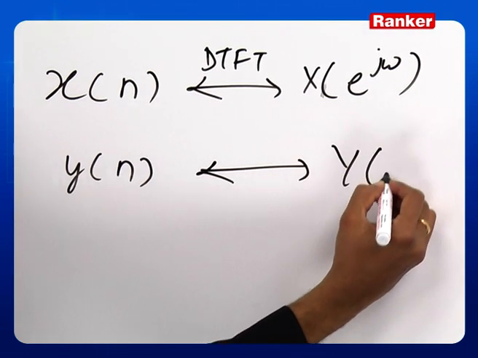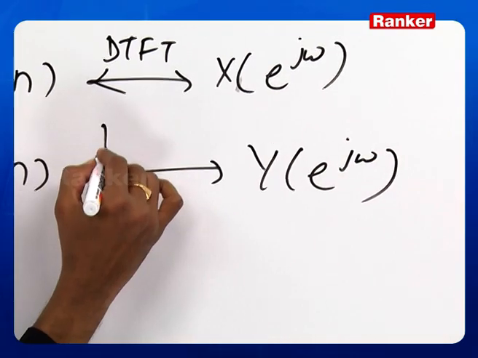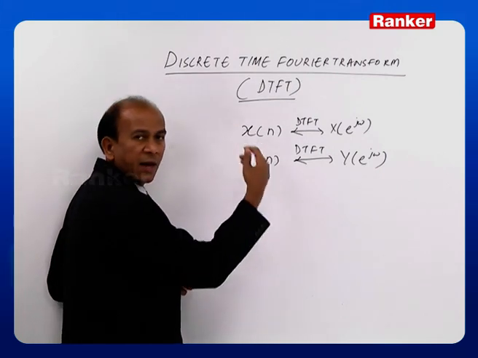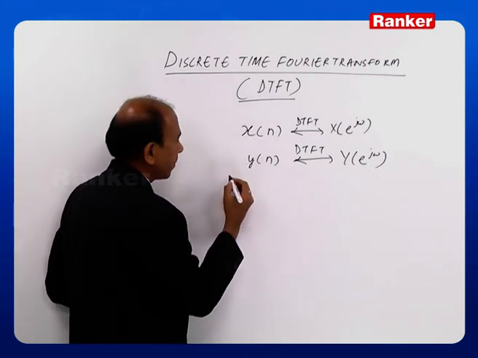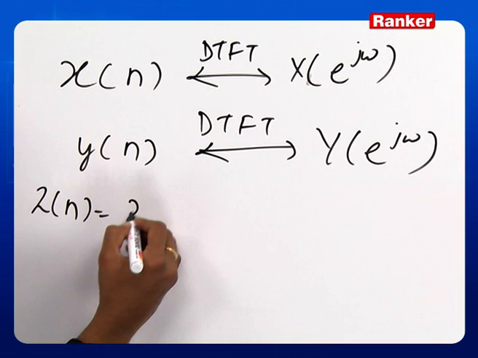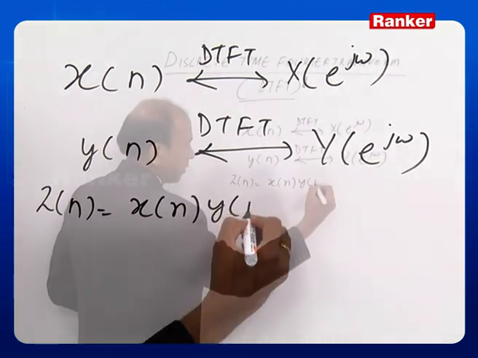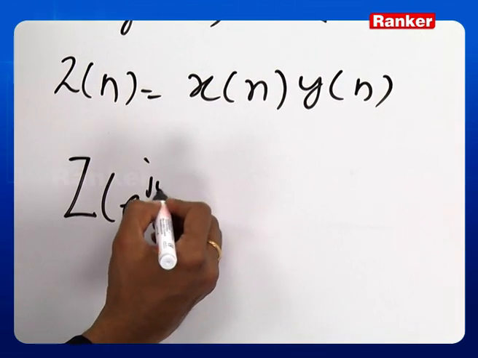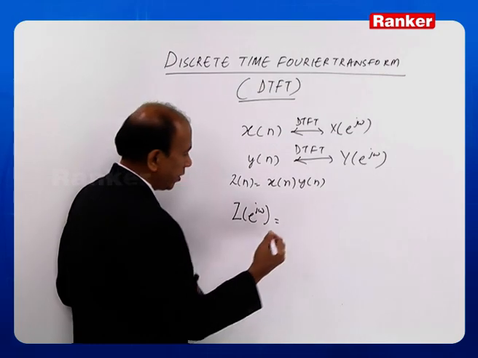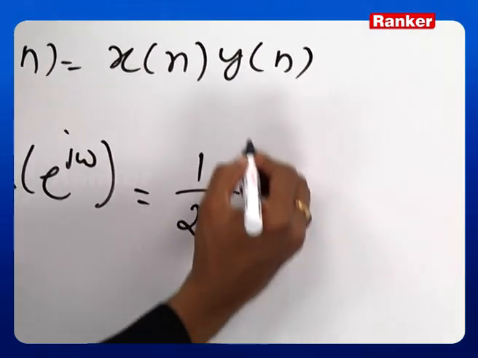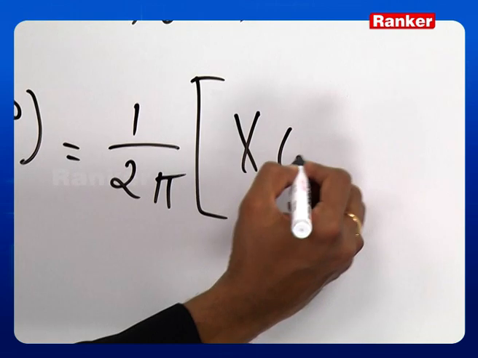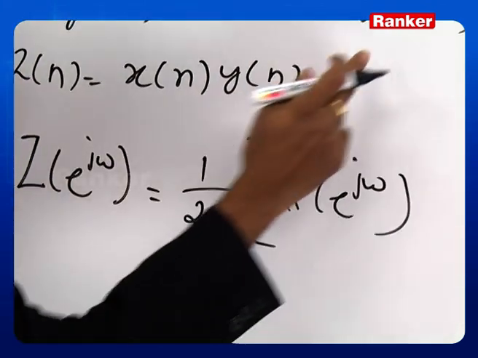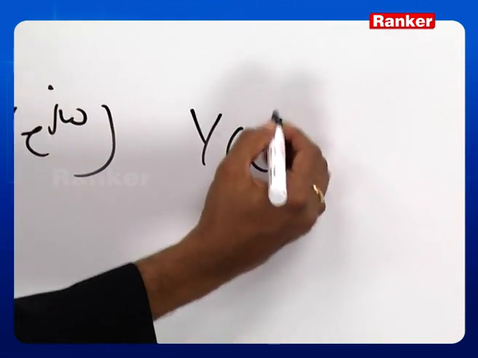Then y of n has a discrete time Fourier transform Y of e to the power of j omega. Let us say there is a multiplication happening in the time domain. Let us take z of n equal to x of n times y of n. The discrete time Fourier transform of this, Z of e to the power of j omega, will be equal to 1 by 2 pi times X of e to the power of j omega, the DTFT of x of n, and Y of e to the power of j omega.